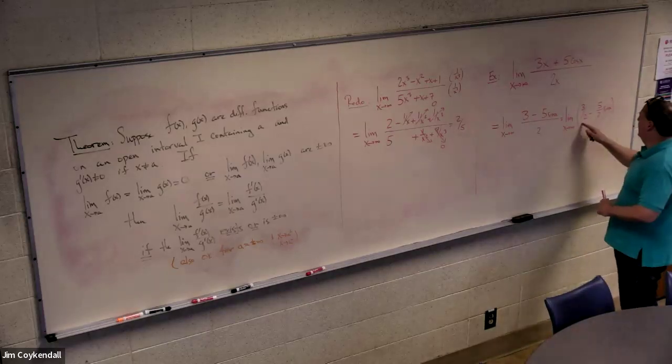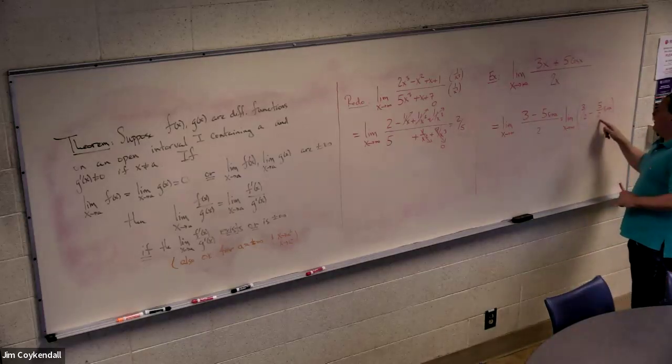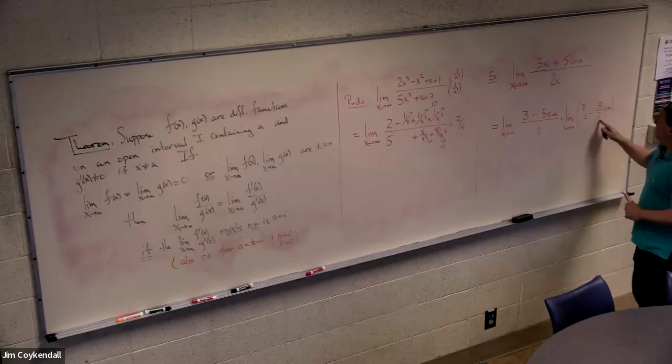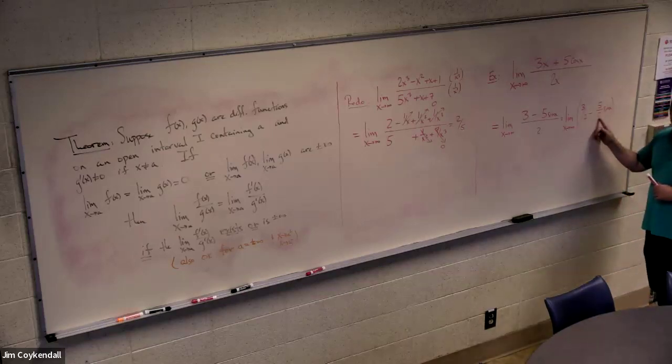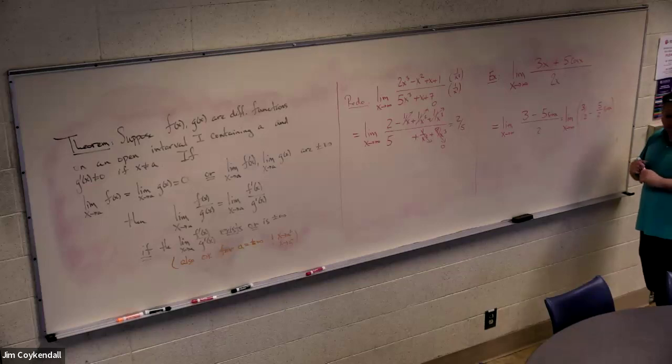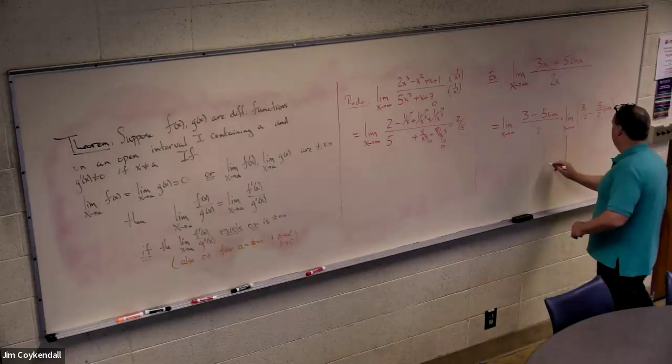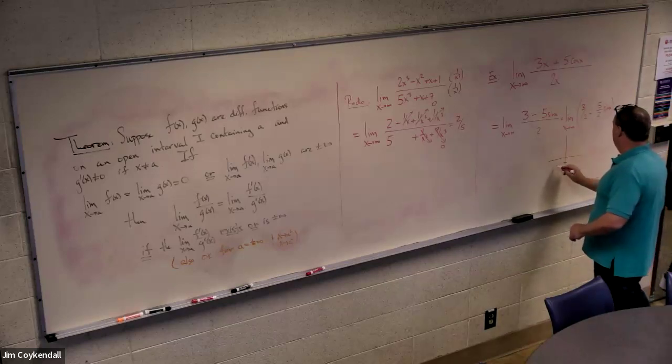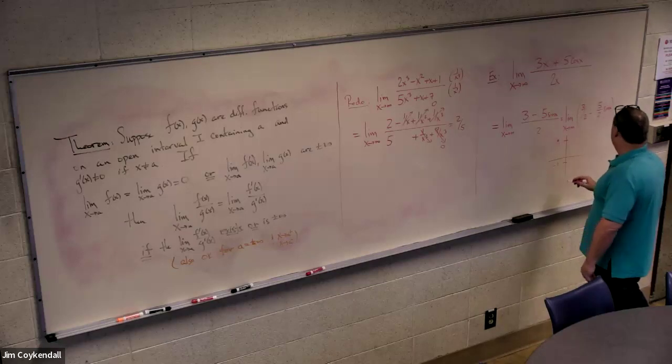If I graph 3/2 plus 5/2 sine x, this can be as big as 4, right? 3/2 plus 5. Or it can be as small as -1, right? Here's what this function looks like. -1, 4, and 0.